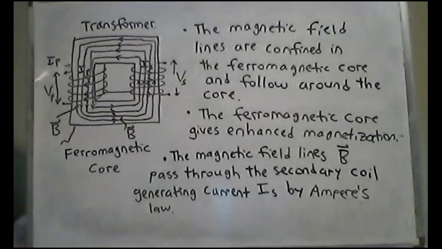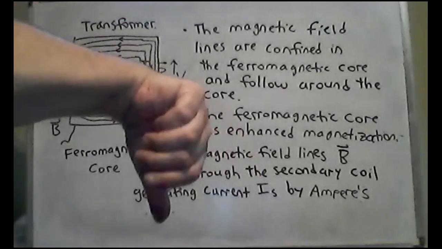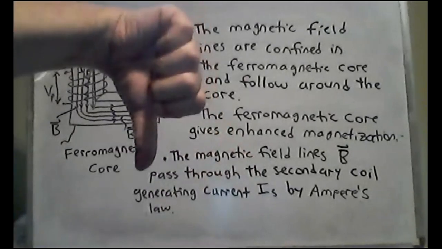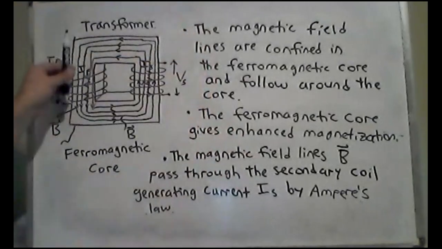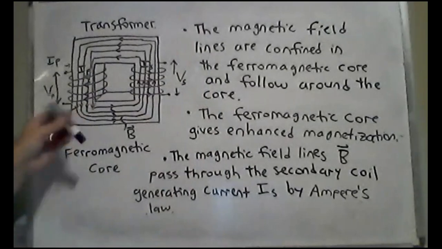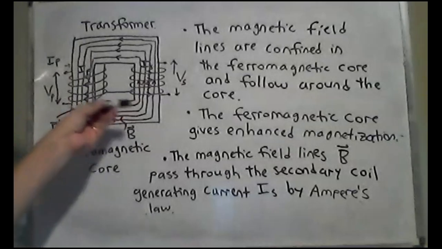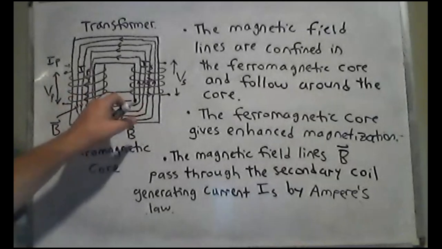Again, current is coming in from the primary, wherever, maybe your wall. That current goes around the coil in a clockwise manner. Because of that, by the right-hand rule, the magnetic field is going to go straight down the magnetic core. The magnetic core traps the magnetic field lines to go around, and further causes enhanced magnetization.